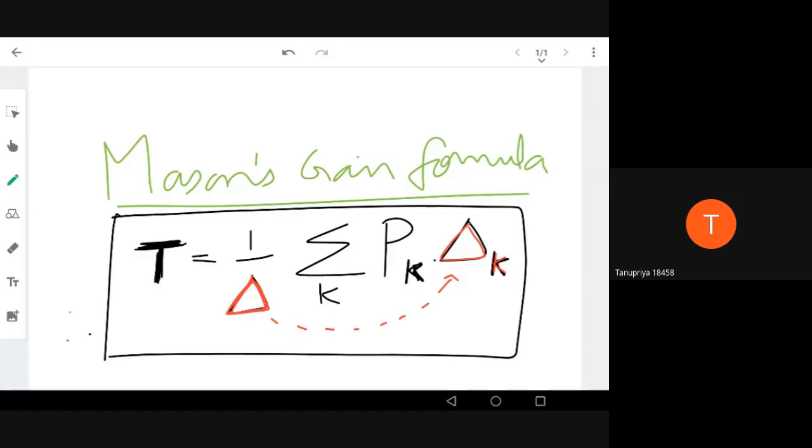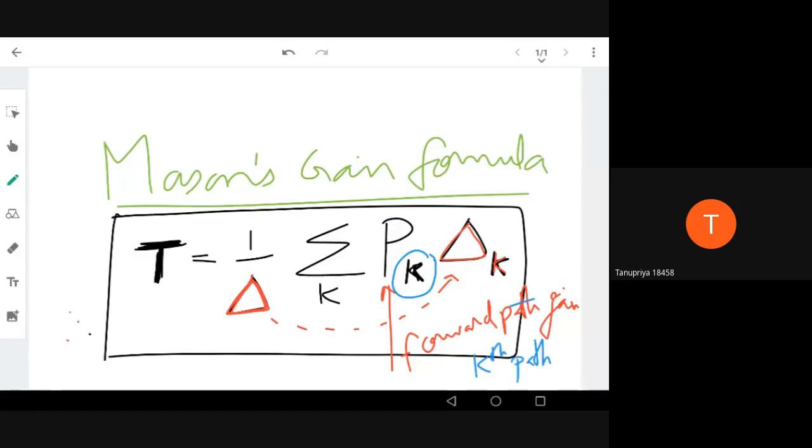And what is the meaning of P? P is always the forward path gain. And what does K stand for here? K stands for the kth path.